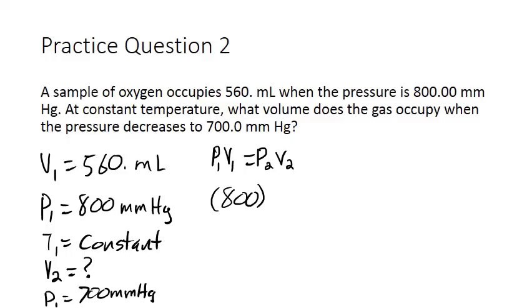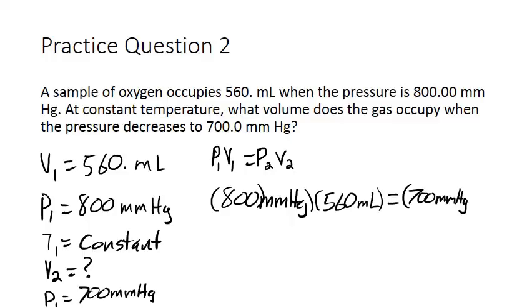So it just becomes 800. And you know what? Let's do the units with this. So it's 800 mmHg times your V1, which is just 560 milliliters. That's equal to your P2, which is just 700 mmHg times what we're going to find, V2. So all you have to do is solve for V2.